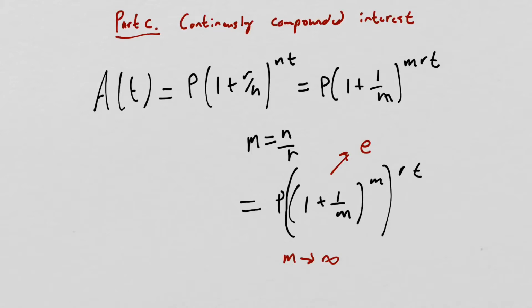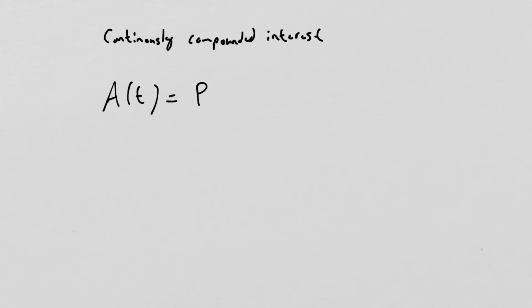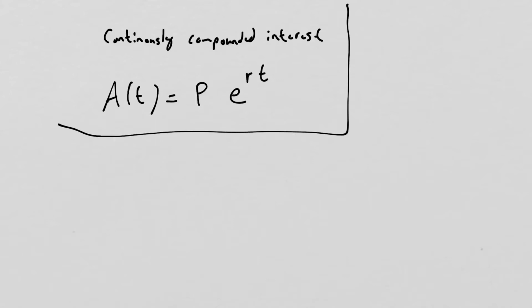So the formula for continuously compounded interest is given by the following: A of t is equal to our principal P times e raised to the rt. A of t will give us the amount after t years.